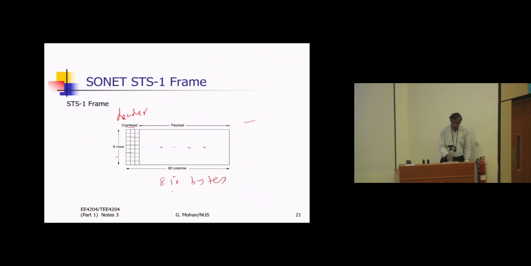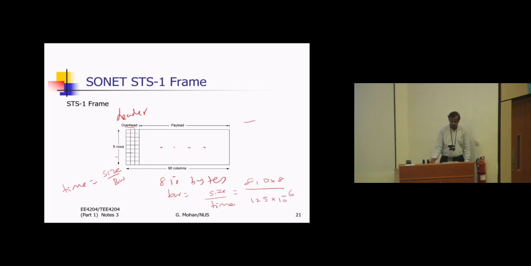So what is the bandwidth? We know time equals size divided by bandwidth. So bandwidth is equal to size divided by time. That is 810 bytes, in terms of bits 810 multiplied by 8, and the time is 125 microseconds.